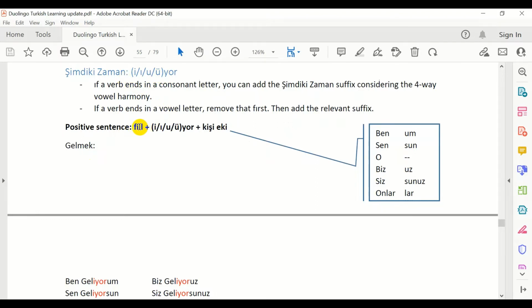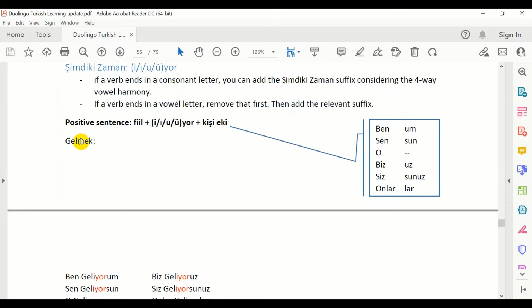Fiil or fill in Türkçe: verb plus suffix plus personal suffix. Kişi eki means personal suffix, and fiil means verb. It means after the verb you need to add this suffix, and after this suffix you need to add the personal suffix.